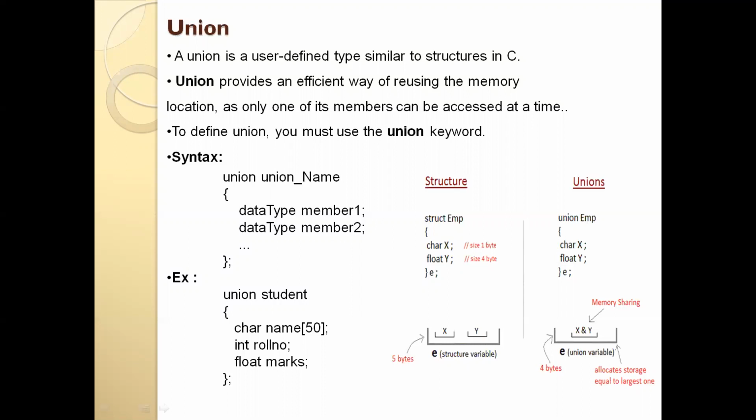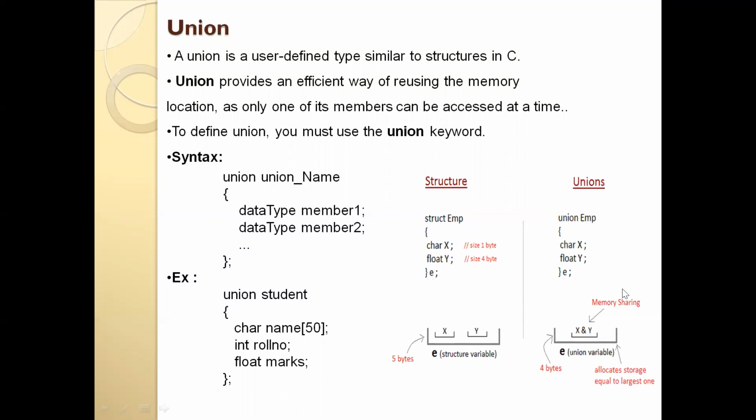Suppose at address 1000 the memory is allocated for the structure: 1000 to 1001, that 1 byte of memory space, is given to the x variable, and 1001 to 1004, that is 4 bytes of memory, will be allocated for the y variable. Totally 5 bytes of memory will be allocated for this structure variable E.